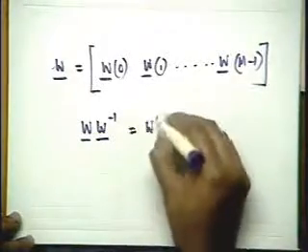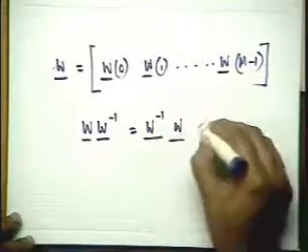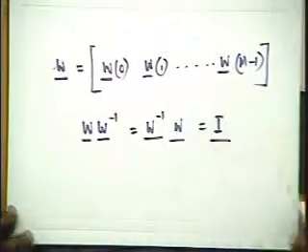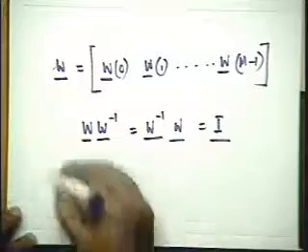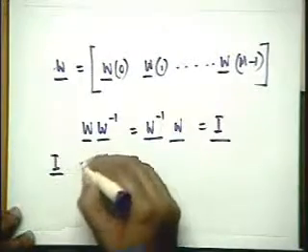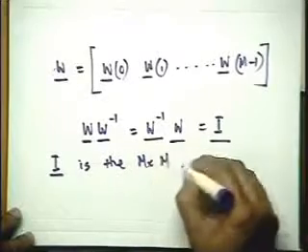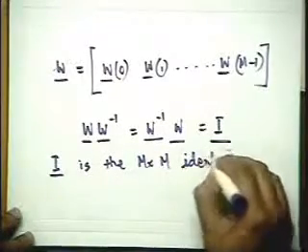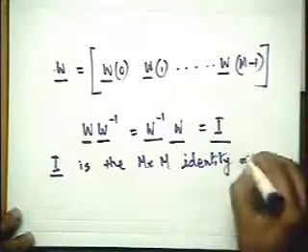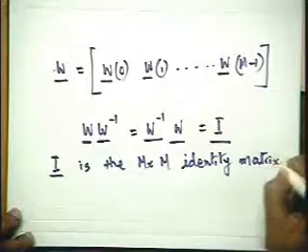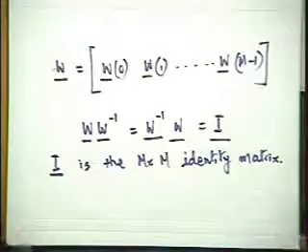W inverse W is equal to the identity matrix I, where I is nothing but the M by M identity matrix.